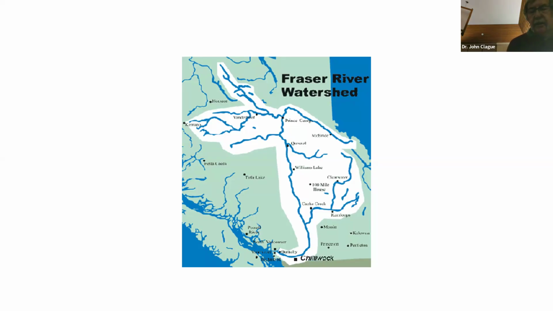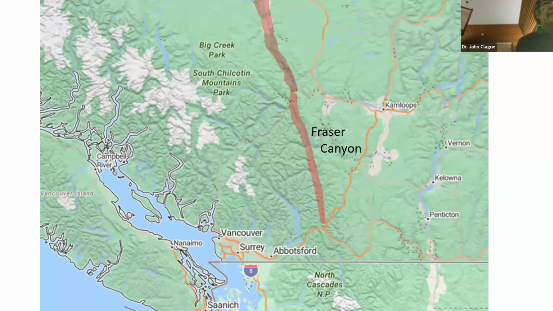In particular, I want to talk about the Fraser River Valley, which is often called the Fraser Canyon. Most people think of the Fraser Canyon as extending from Yale up to Lytton. But in actuality, I'm told by my astute colleagues that the canyon continues northward beyond Lytton up into the Williams Lake area, or even beyond that.